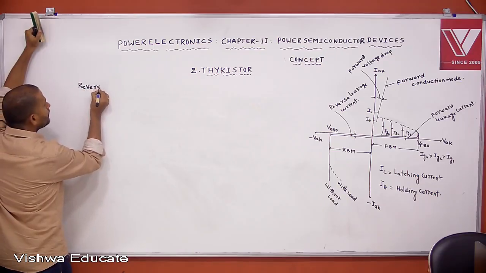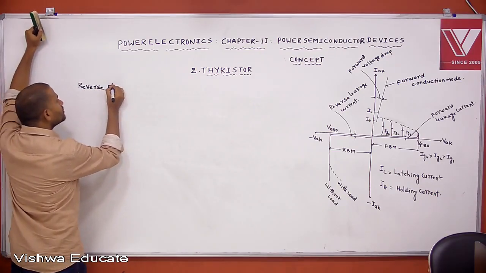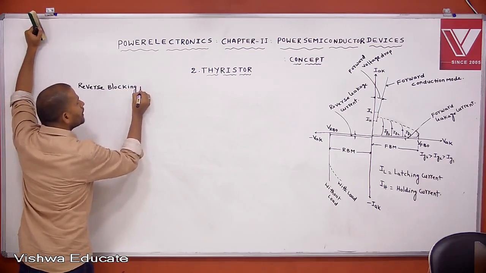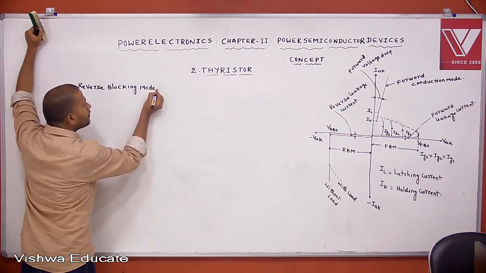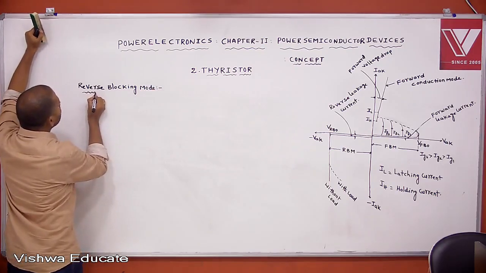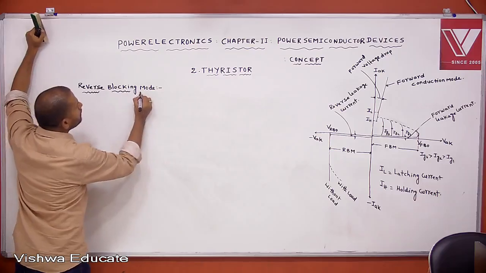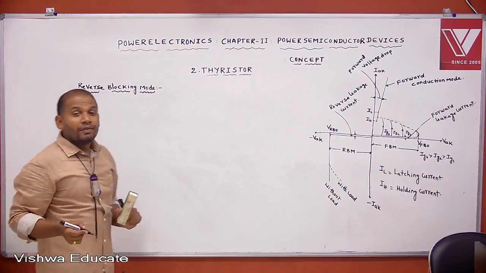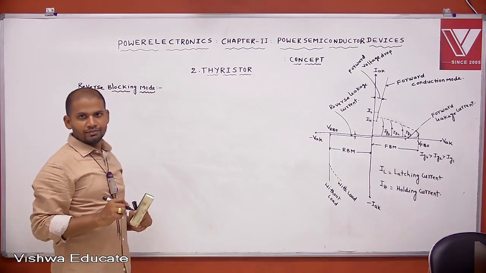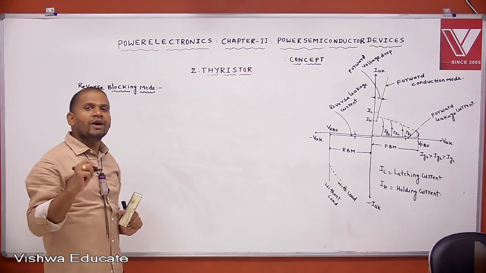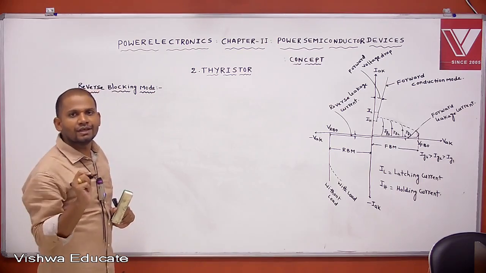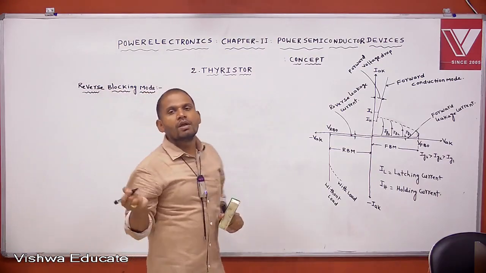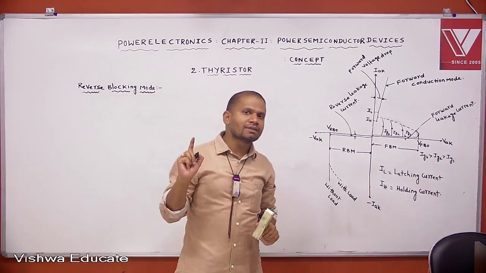What are the observations in reverse blocking mode? I want to list them all out. The name itself indicates that you apply a reverse voltage across the SCR.